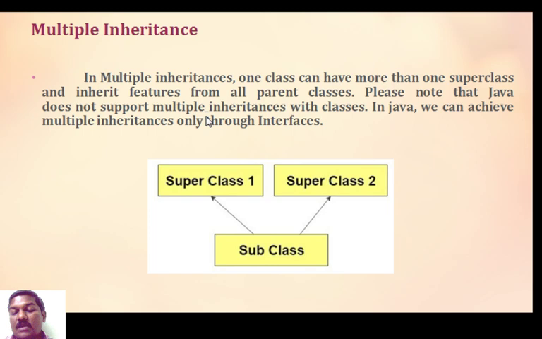So this is the concept of multiple inheritance. Assume that I have two separate classes called Class 1 and Class 2. Suppose I want to inherit the two classes into some other class, that is called a subclass. This concept is called multiple inheritance.